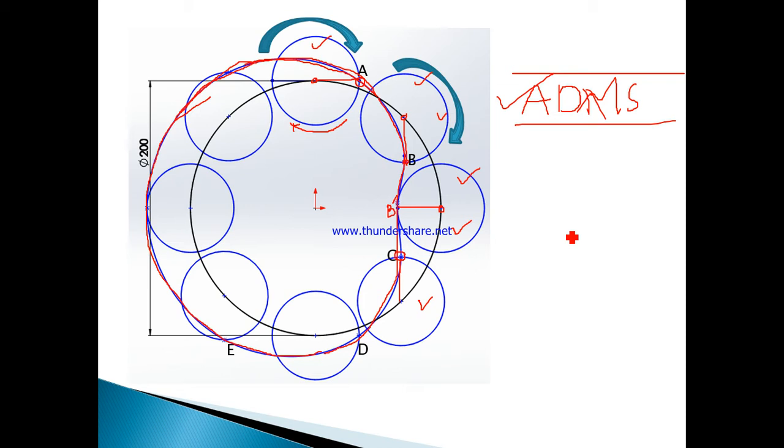If you want to visualize its locus and how to optimize it, you can take the help of this kind of motion analysis in Adams, or SolidWorks also has that facility. So a lot of things. Basically, this is the concept of how the orbit diagram is evolved.